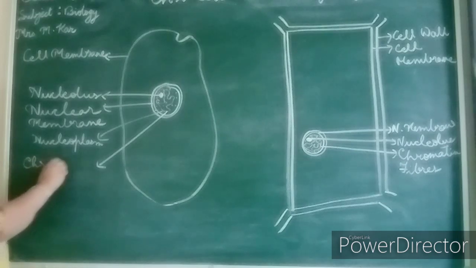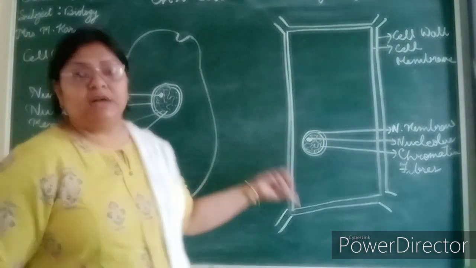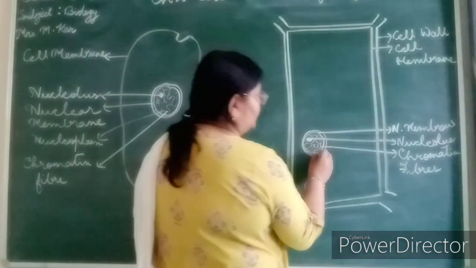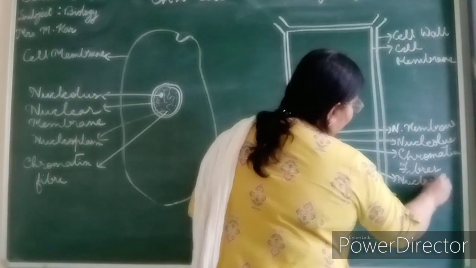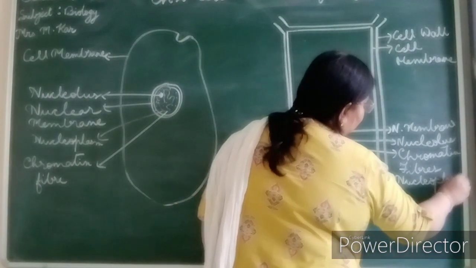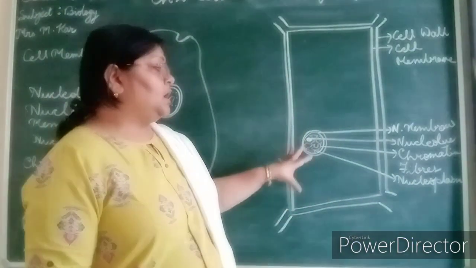This is chromatin fibers for both. So what do you see? The nucleus is same in both plant cell as well as animal cell. The function also is same. It is basically the control center of the cell. Okay.